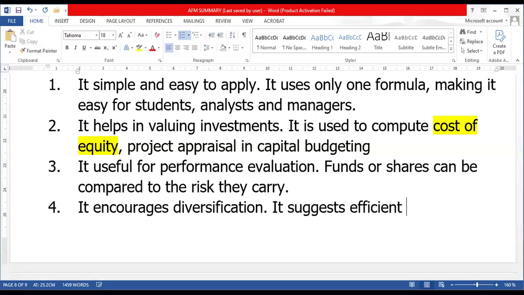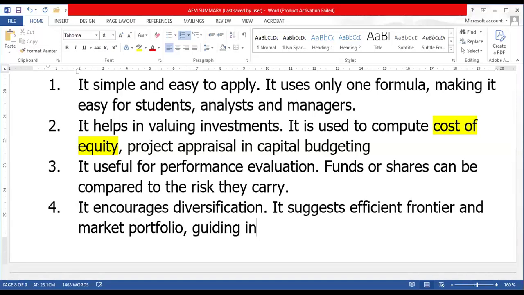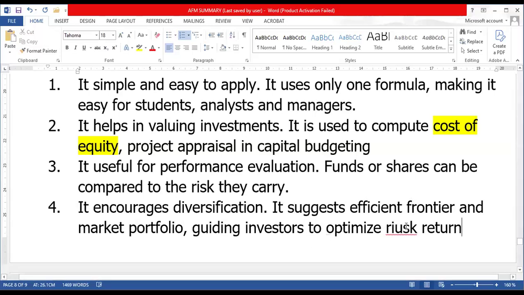I believe you have heard of the efficient frontier and the market portfolio. These are guiding investors to optimize the risk and return. Okay, that is another point you can put.